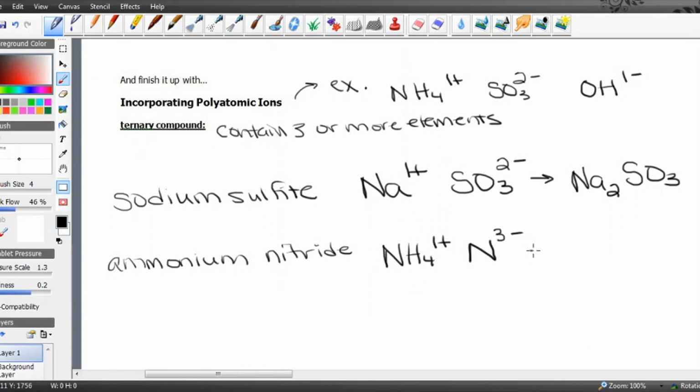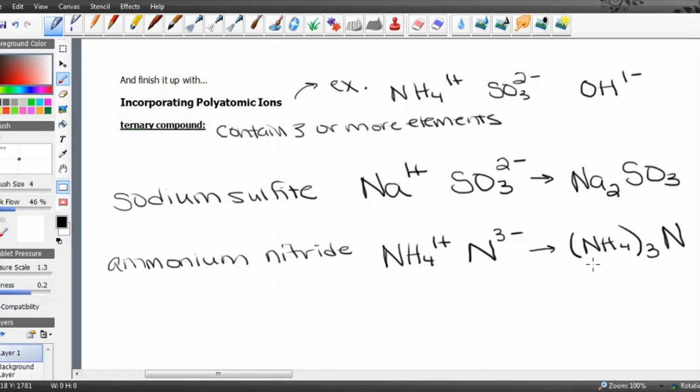The way that we show that with polyatomic ions is with parentheses. I have to put the parentheses around my polyatomic ion so that I can say I'm going to need 3 of them, and there's my 1 nitrogen.